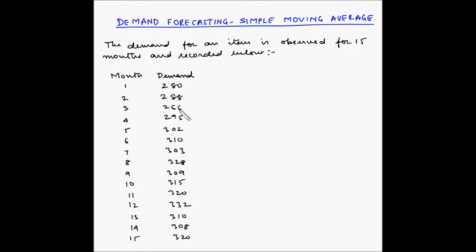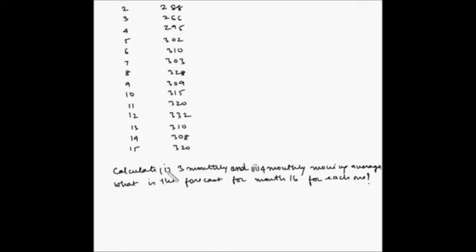Month 3, demand is 266, and so on. Now we are being asked to calculate 3 monthly and 4 monthly moving averages for this item. Also, we have to find out the forecast for the 16th month with 3 monthly and 4 monthly moving average.